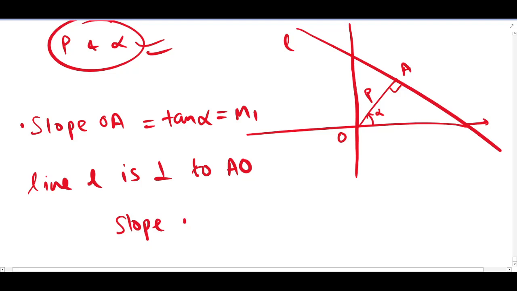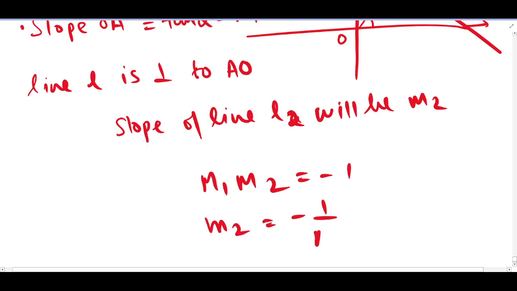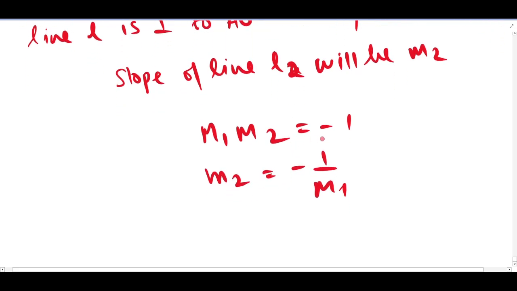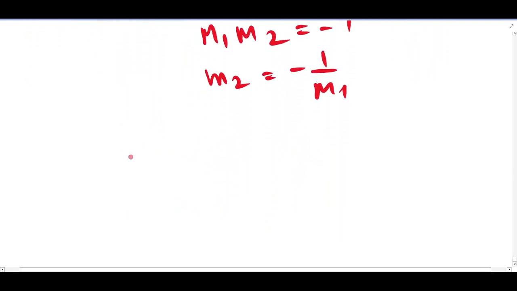From the condition of two perpendicular lines, m1 m2 is equal to -1, so m2 will be minus 1 by m1, or m2 is equal to -1 by tan alpha.